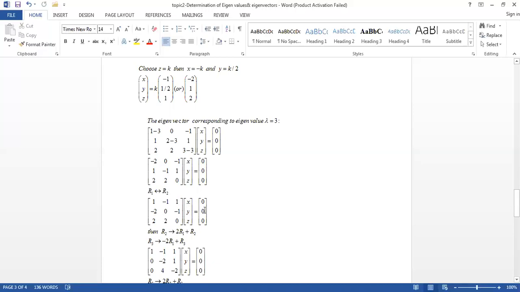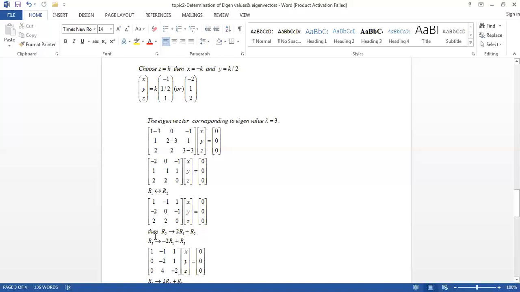Now convert this matrix into echelon form. First make this element minus 2 as 0.